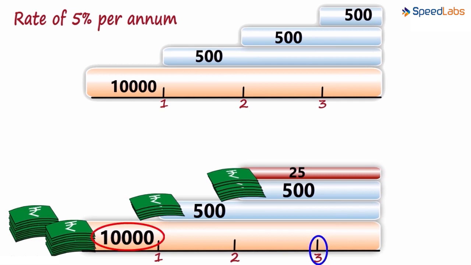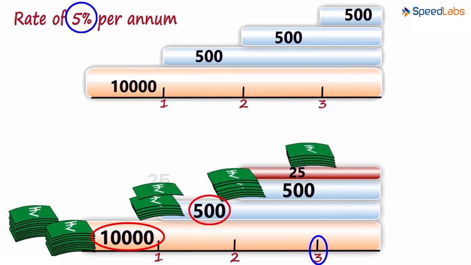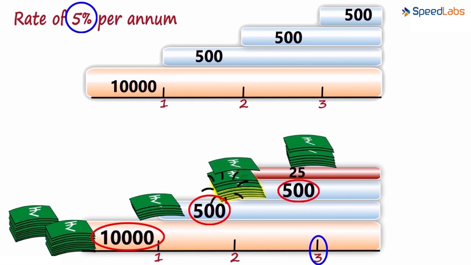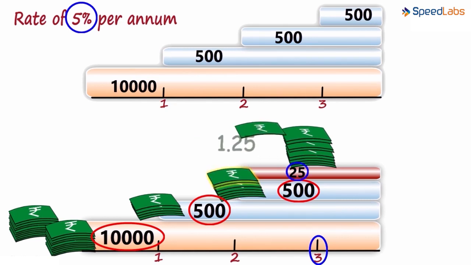The 10,000 rupees generate a 5% interest of 500 rupees. The 500 rupees generate an interest of 25 rupees. These 500 rupees also generate an interest of 25 rupees. And these 25 rupees generate an interest of 1 rupee and 25 paise.